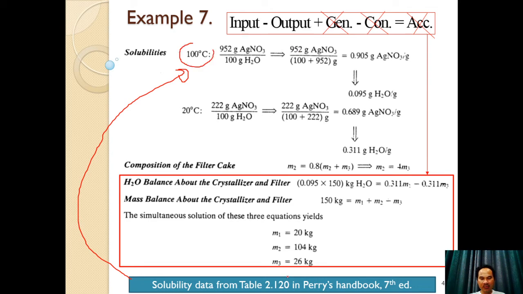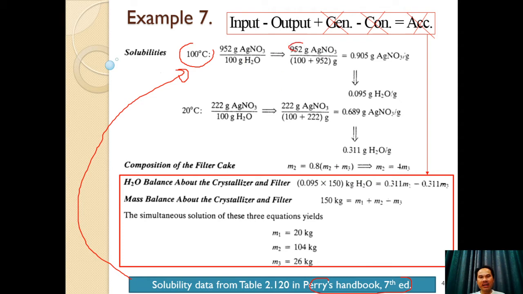And from Perry's handbook, you know that at 100 degrees Celsius, we have 952 grams silver nitrate in 100 grams water. That means the total is 1052 grams. Then you can calculate the fraction of solute.